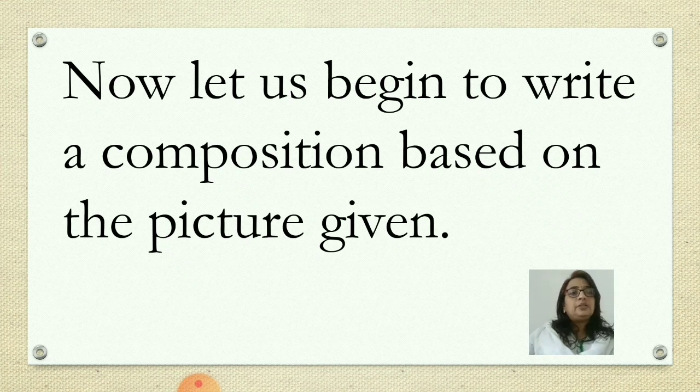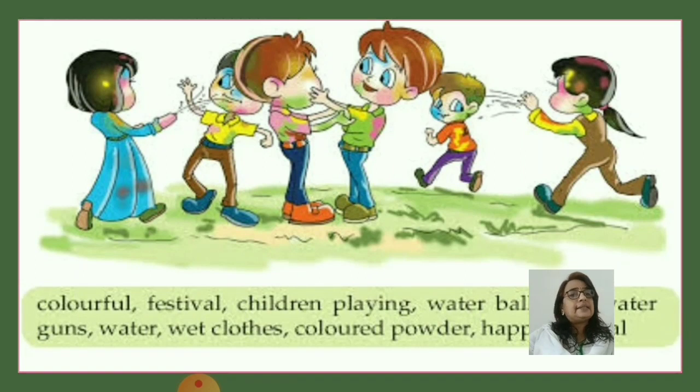Okay, now children, come on, we are going to write a composition based on the picture given. So for this revision, I have selected the same picture which I had given you in the worksheet of the picture composition video.